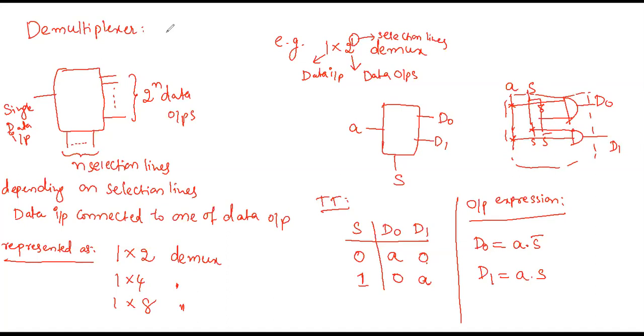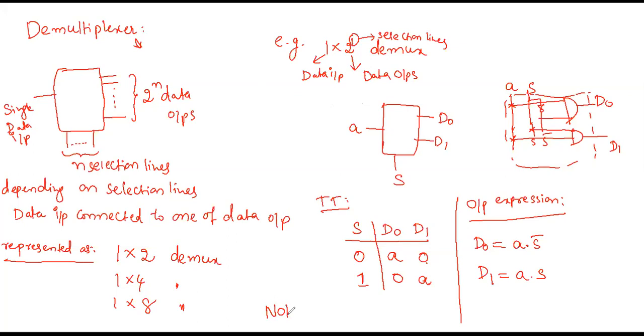A demultiplexer can perform the function of a decoder also. Note: a decoder with enable input is similar to the demultiplexer.